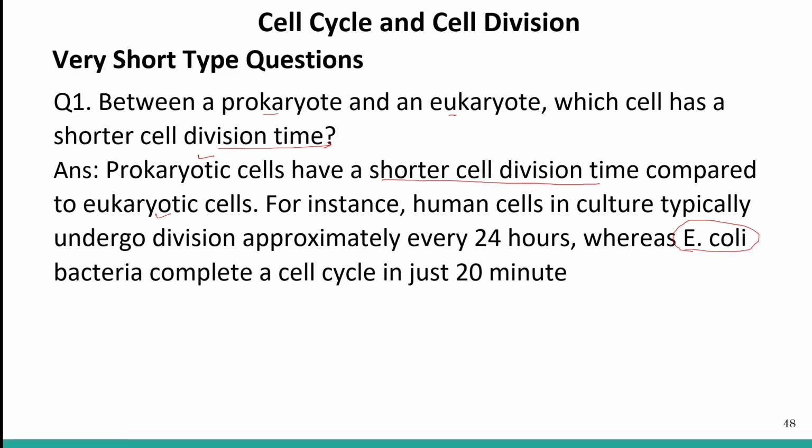A mammalian or human cell usually has a cell cycle of around 24 hours. So prokaryotic cells such as E. coli have a shorter cell division time.